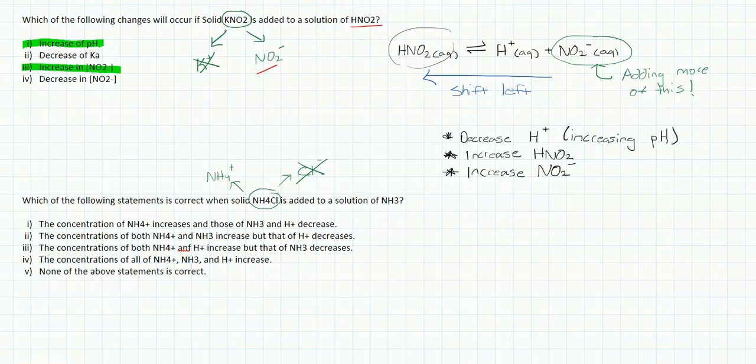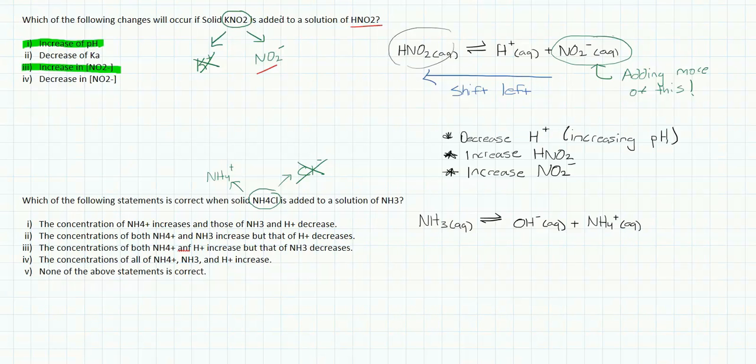Now that I've established that, let's investigate the solution itself that's sitting there. NH3, which is an aqueous solution, is going to tend to become OH minus and NH4 plus because it's a base.